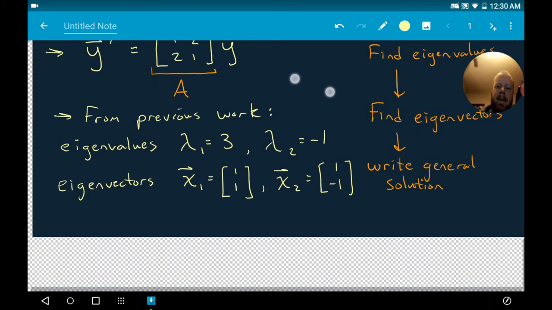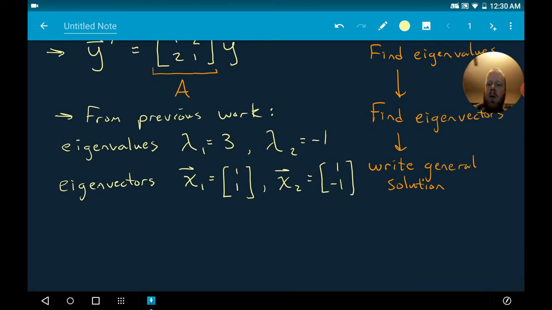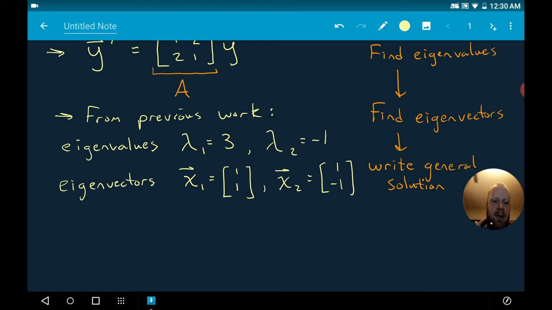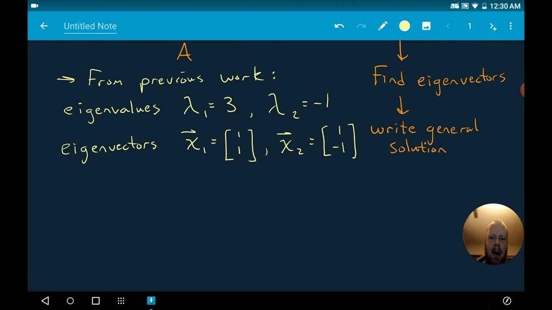And once we found those, what I mentioned briefly in the previous video was that once we have the eigenvalues and the eigenvectors, we can write the general solution here.